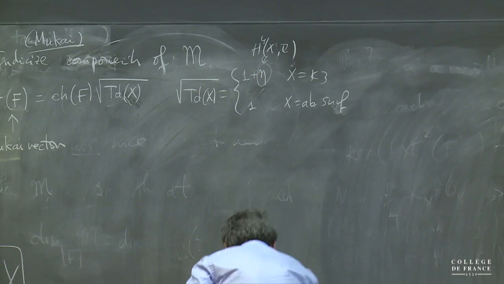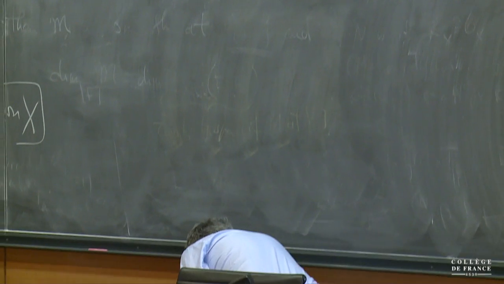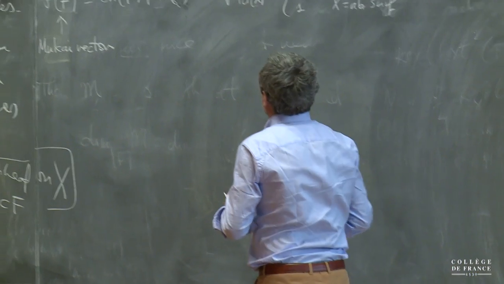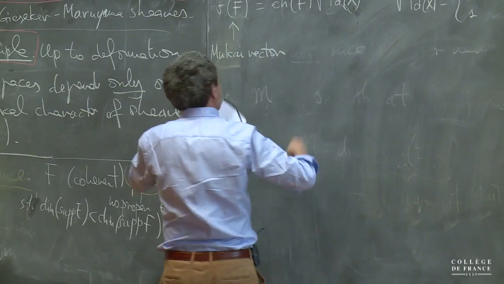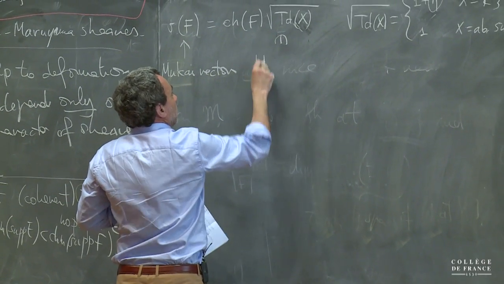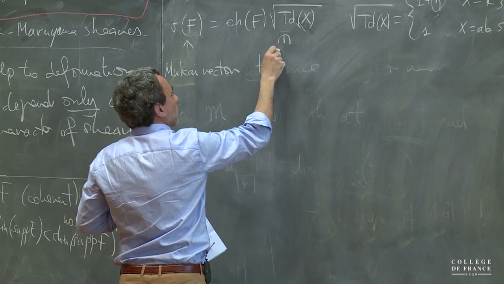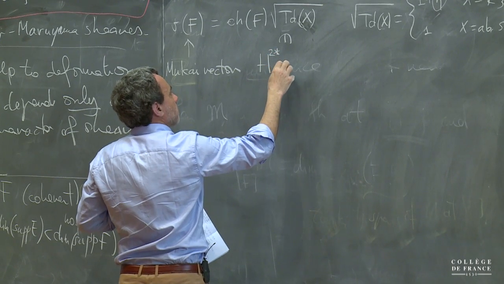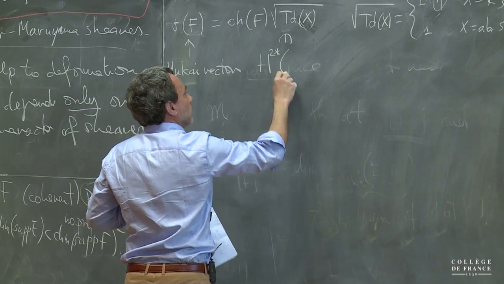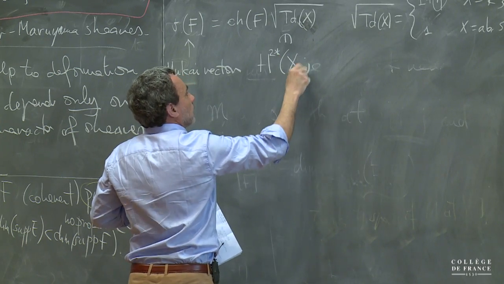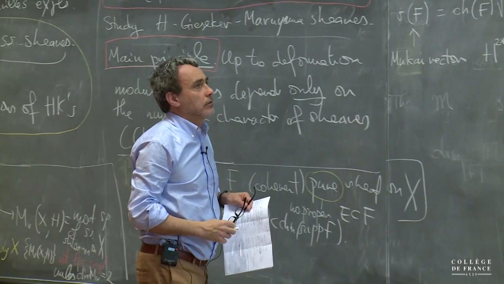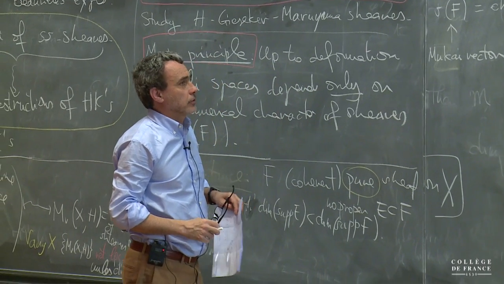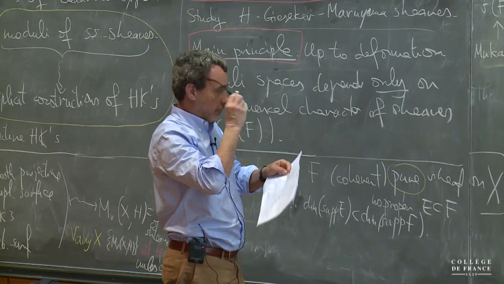Okay, and where do we want this to live? Of course, this is in the even cohomology ring of X. We don't care about the odd cohomology if X is an abelian surface.